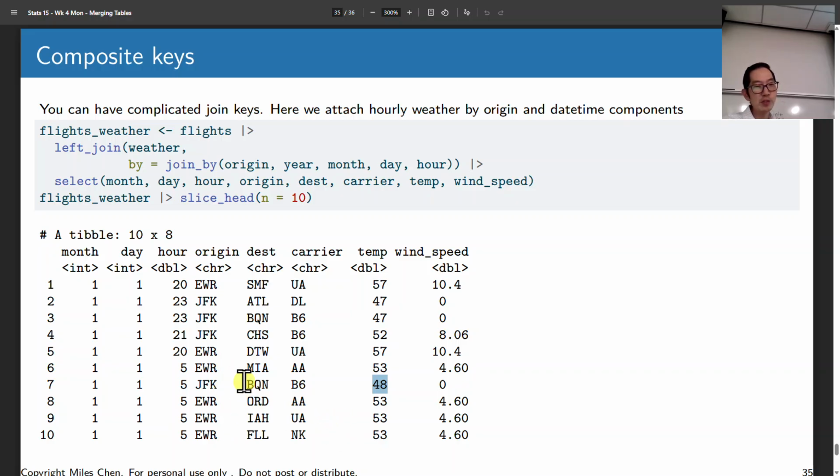We still have a whole bunch of flights, but it's basically what were the conditions of that flight taking off: the temperature and wind speed at that time. So we have that.